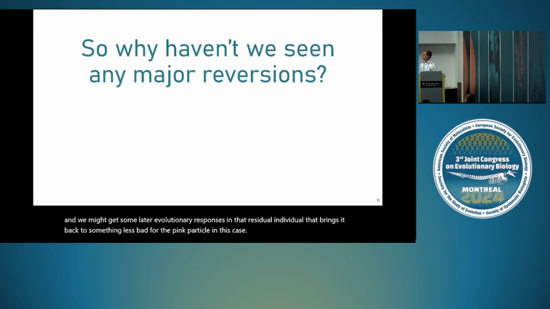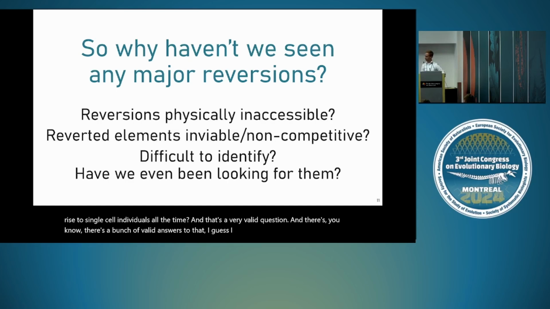Now, of course, the question then becomes, okay, if we assume this to be valid, why haven't we actually seen any major reversions? Why don't multicellular organisms give rise to single-cell individuals all the time? And that's a very valid question, and there's a bunch of valid answers to that, I think. Reversions might be physically inaccessible.